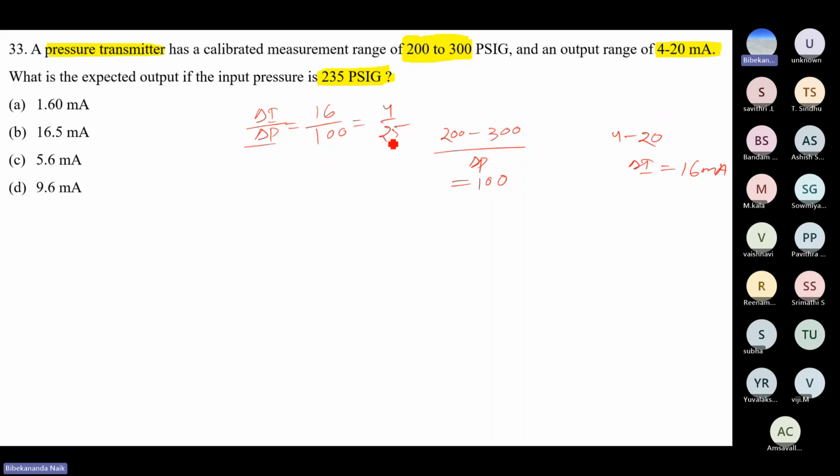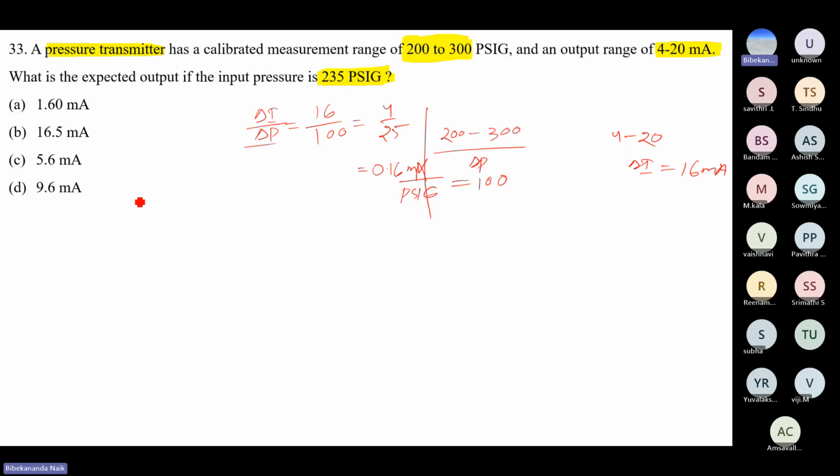When you calculate 4 by 25, it will be 0.16. So for 1 unit change in pressure, the current is changing 0.16 milliampere per psig.